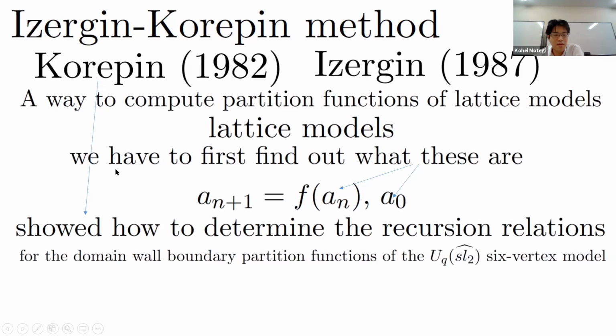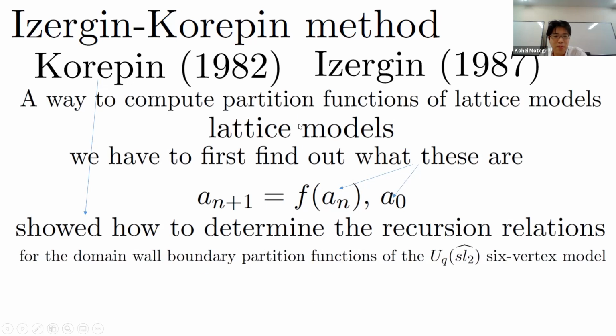He did this with domain wall boundary partition functions of the U_q(sl2 hat) six-vertex model. He showed how to figure out what this FAN and A0 are, but he didn't actually solve the sequence.